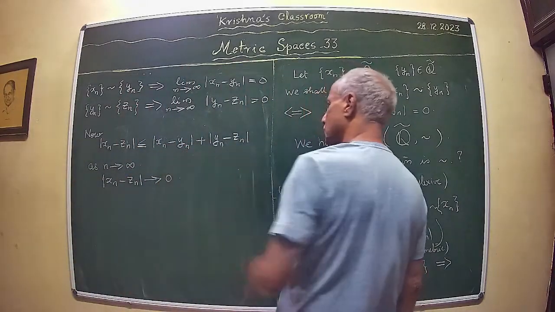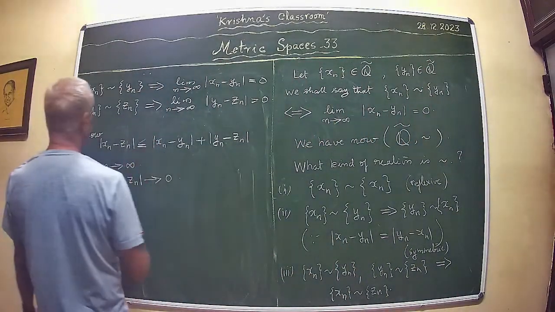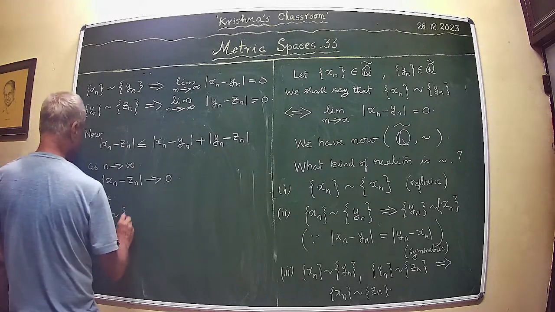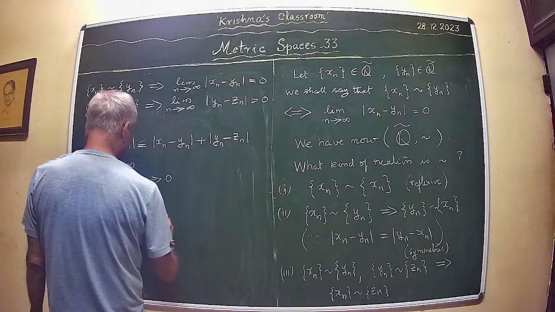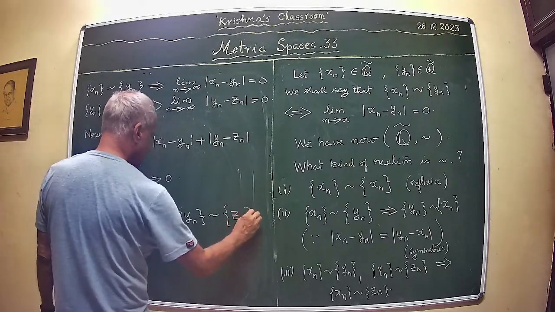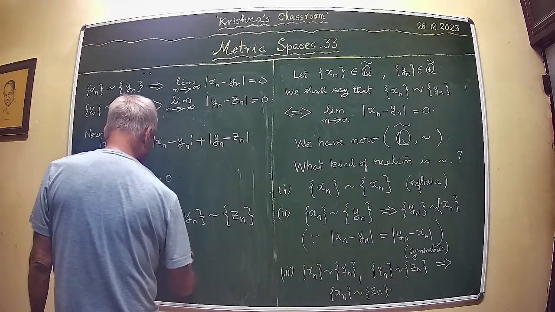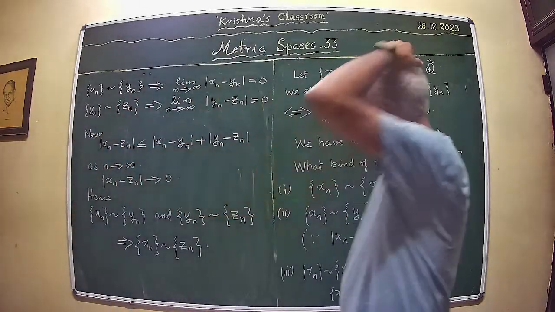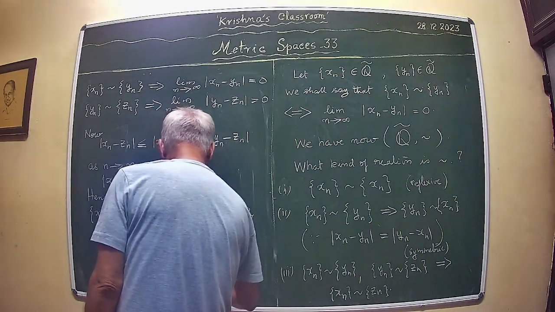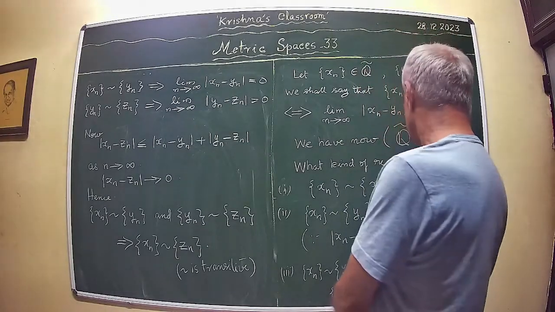That's easy because this goes to 0, this goes to 0. Only that it's non-negative, therefore this is true. So the third property is that the relation is transitive. So it is reflexive, symmetric and transitive.